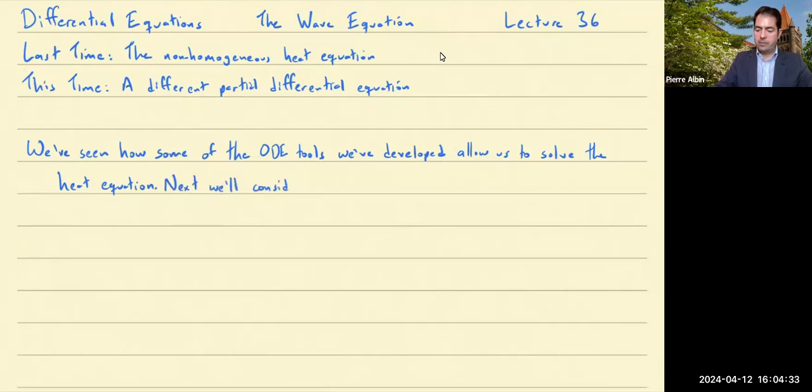Next, we'll consider another of the most important partial differential equations.